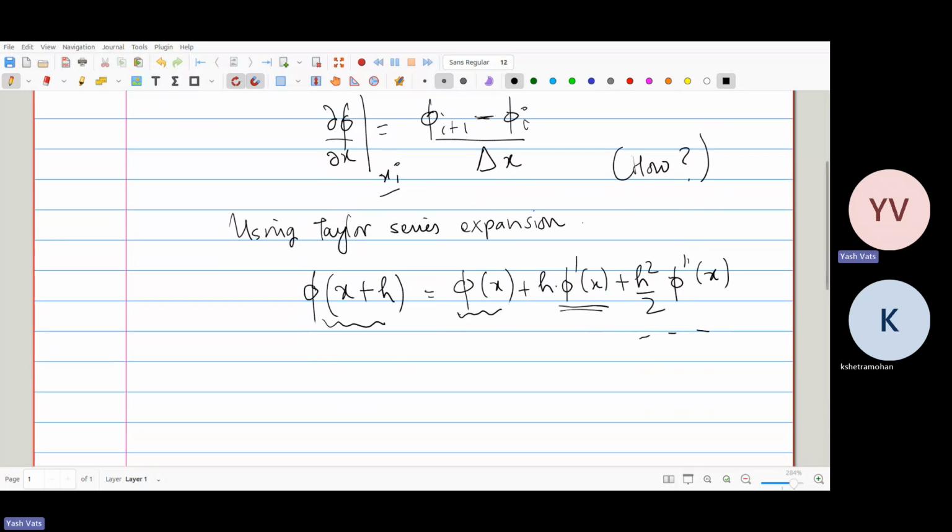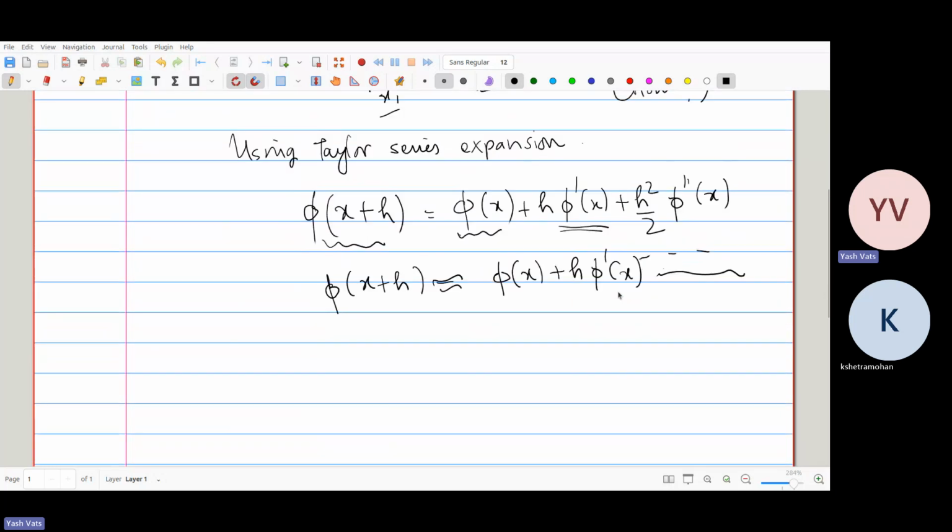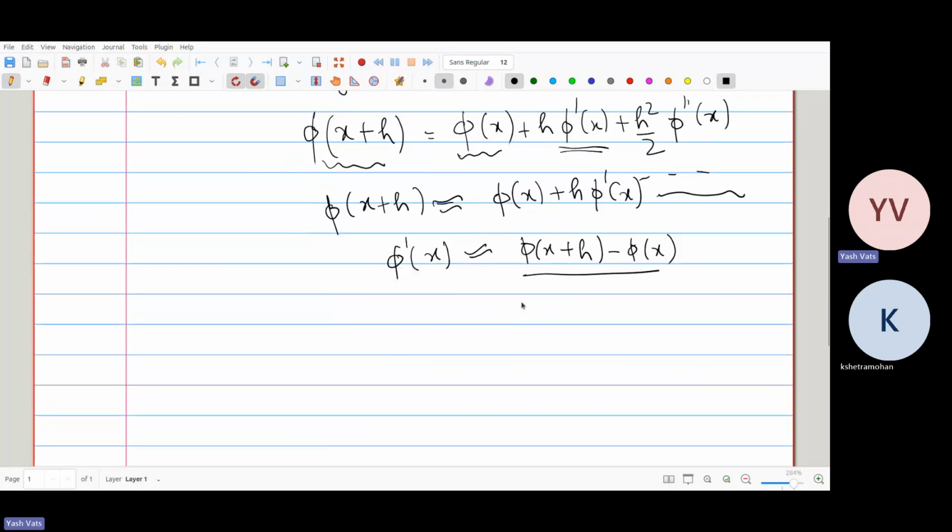So how do you use phi dash x? I write phi x plus h minus phi x approximated as h times phi prime x, and other parts are omitted because it's just an approximation. So phi dash x is approximated as phi x plus h minus phi x over h.